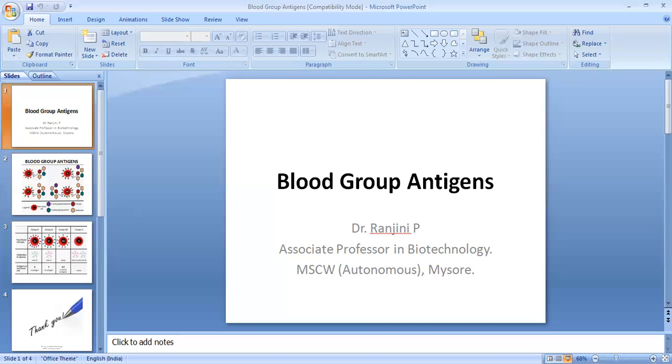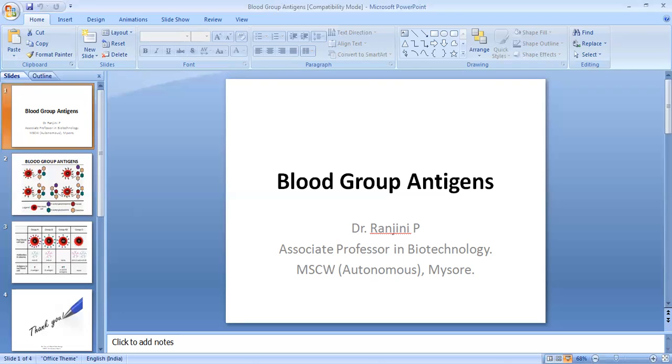So why do they inject this RhoGAM injection? It's because during the first delivery, the mother being Rh negative, there is mixing of a few fetal RBCs, which are Rh positive, with the maternal bloodstream. So this makes the mother's body raise antibodies against the Rh antigen.